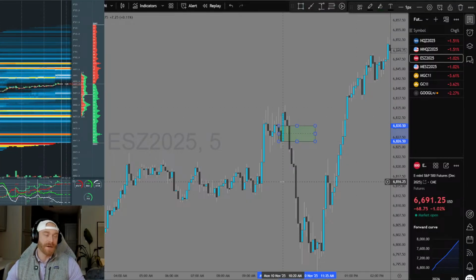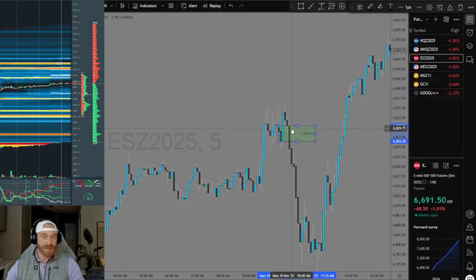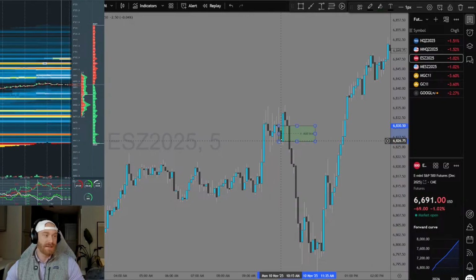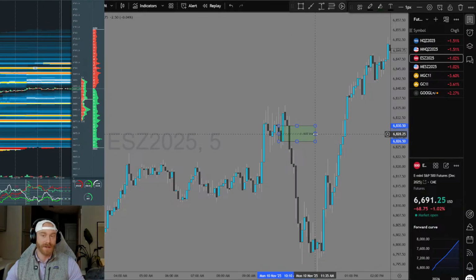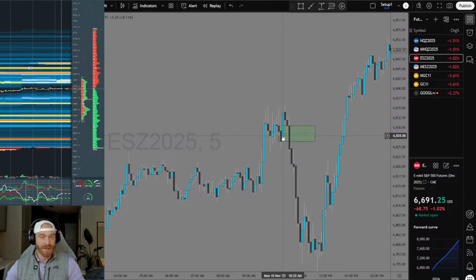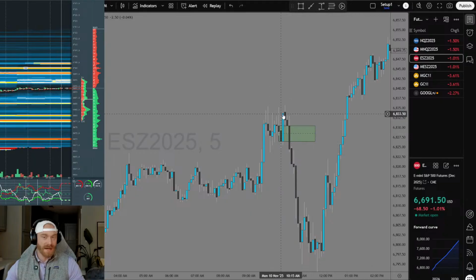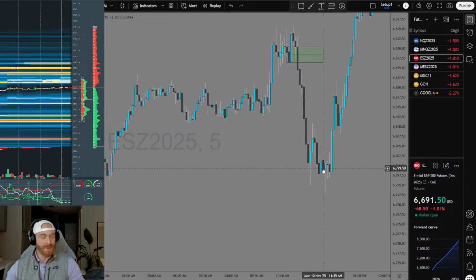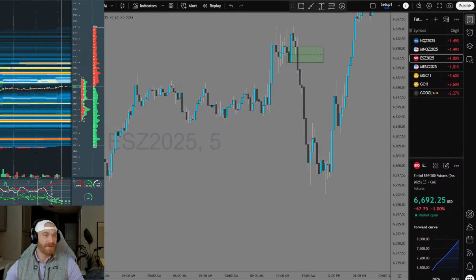Well, if it just continues higher, you don't have a breaker. What you need is this candle right here to close below where that last down close candle was there. So this right here is the candle that validates it as a breaker. So this is the last leg down before a sweep higher, the last leg up before a sweep lower. That's the breaker.